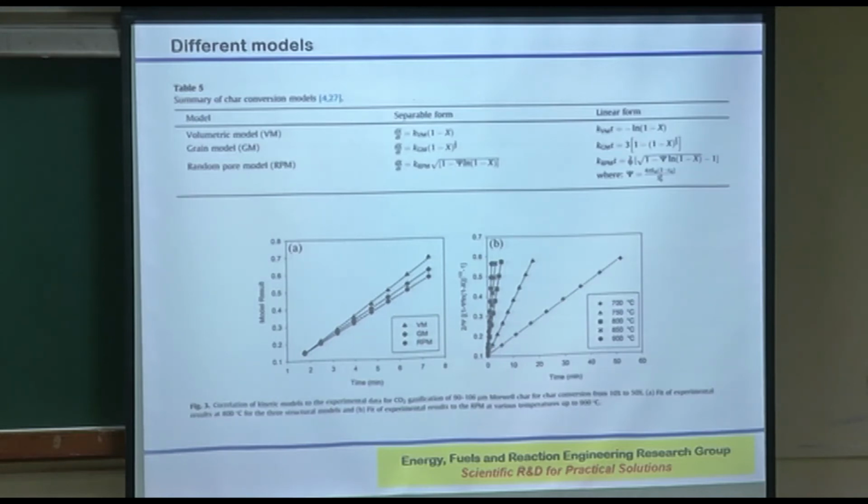It is actually a fit of the experimental data at a particular temperature, 800 degrees. It is experimental data fitted to the three different models, but only at one temperature of 800 in this instance.